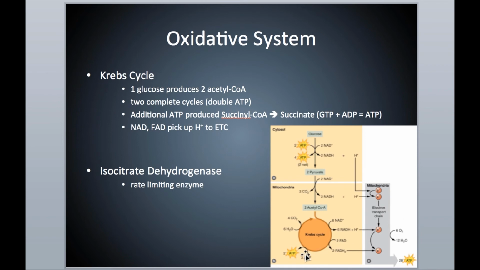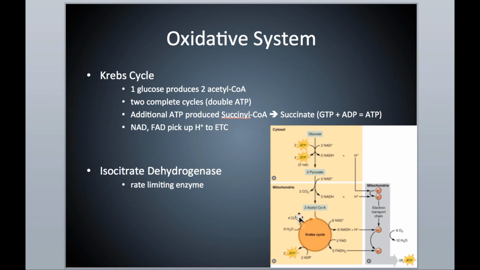Now, we also create additional ATP in one of the steps here, about the 6:30, 7 o'clock position of the citric acid cycle. The whole point of the citric acid cycle is to create and transfer, I don't want to say create, to transfer basically hydrogen or electrons. All right, so we're starting off with either NAD or FAD.